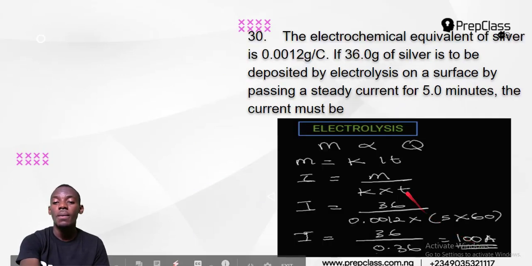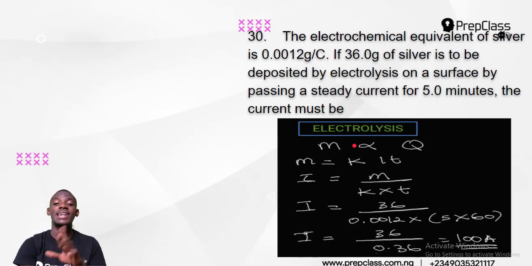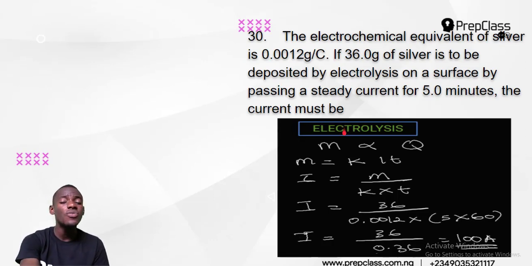Don't forget, it all came from the mighty first Faraday law of electrolysis, and that says mass is directly proportional to charge. And that's it. In fact, I noticed something in past questions: if you know this formula, you can tackle any question on electrolysis in physics. I've never seen a past question in physics asking about the second Faraday law, and I don't know why.